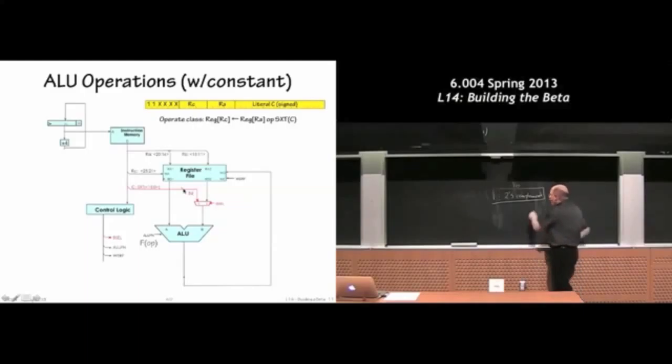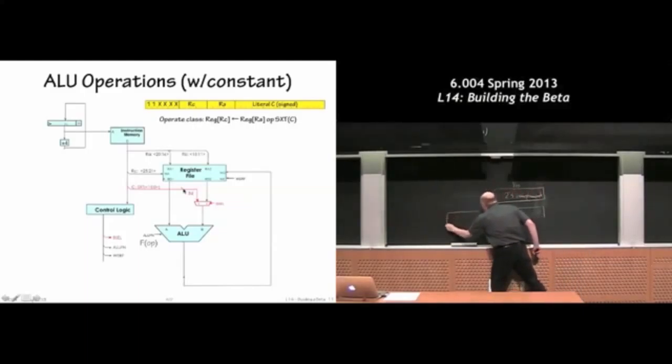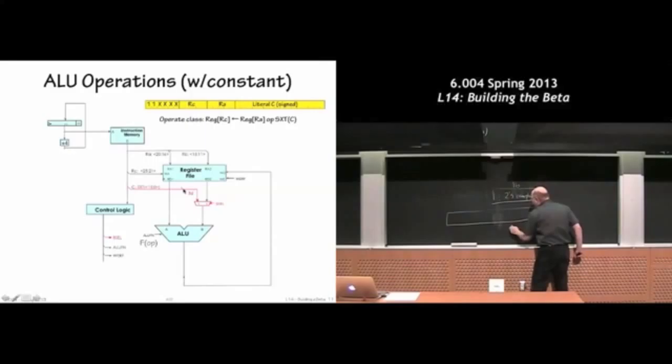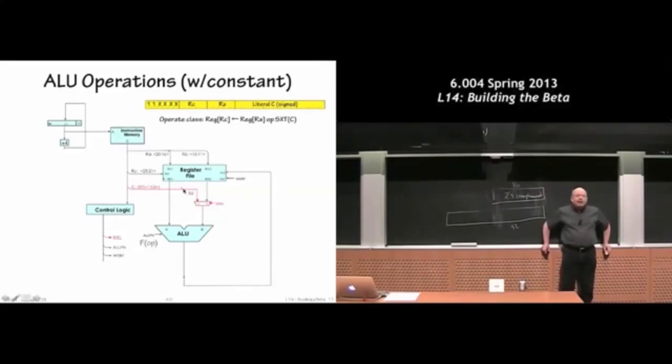If I'm going to convert that into a 32-bit number, how do I do that? Okay, and you can say, is there complicated logic? Turns out it's all just wires. There's nothing fancy here, but we do have to be a little careful about it.